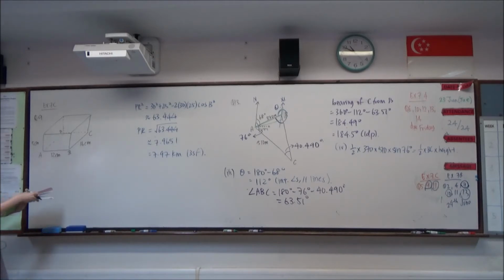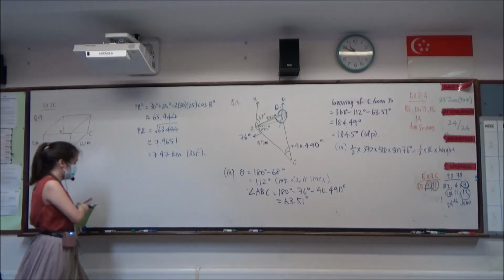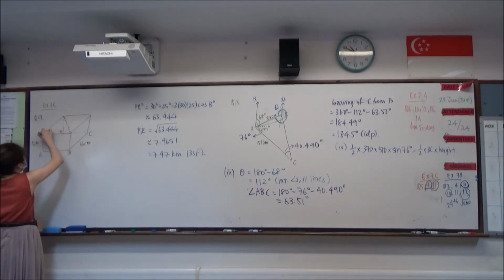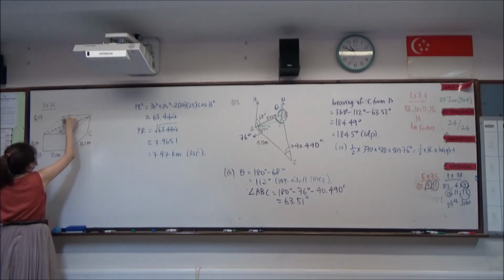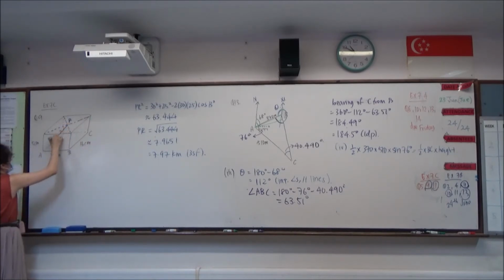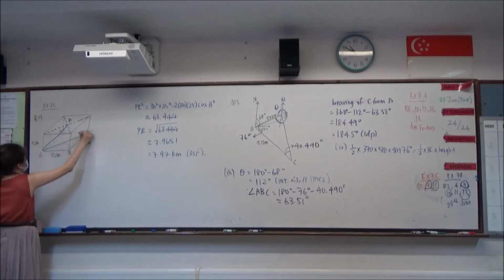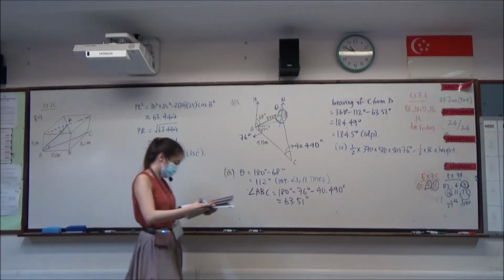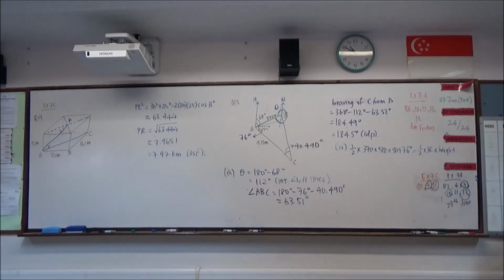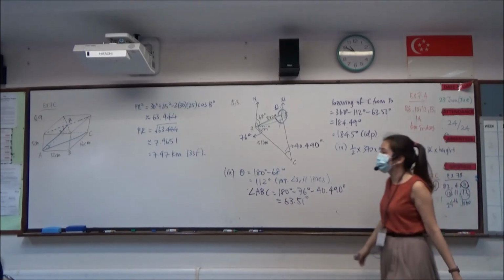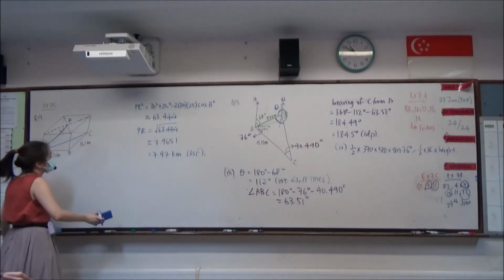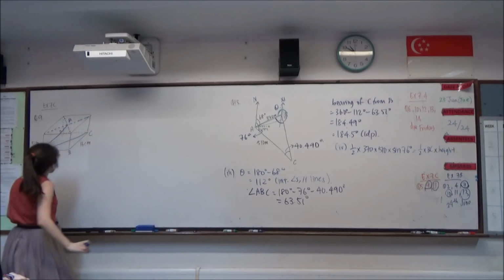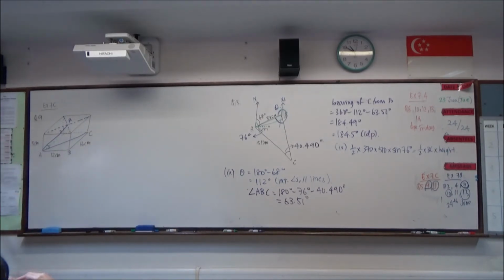Okay, so angle PAC, right? We have this thing on the top, and we have P here. So we want to find PAC. To do that, Joshua, what could we do to find angle PAC? Use what? Tangent, how?